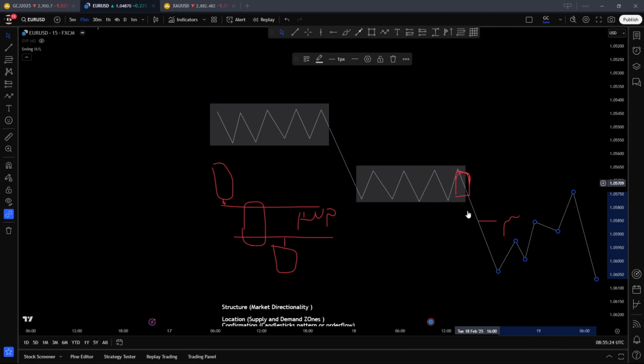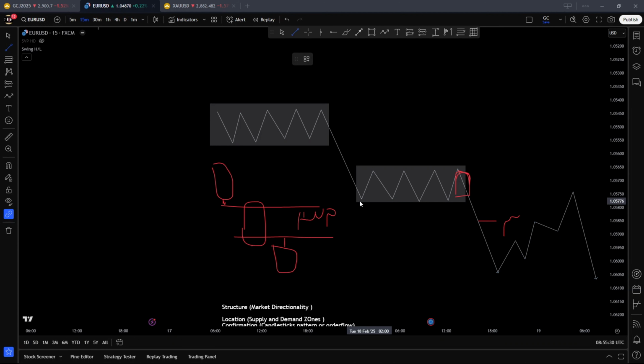So this movement to the downside, showing momentum, broke multiple structures over here.